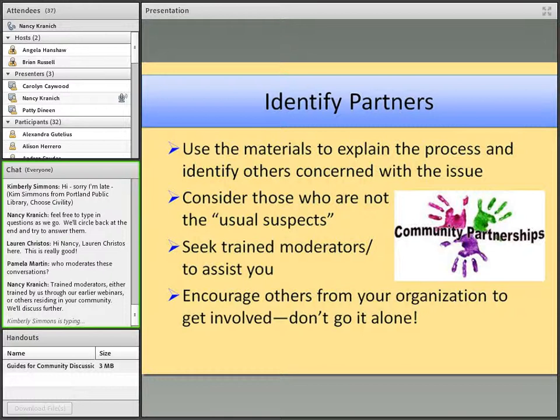And of course, you'll probably be able to identify what we call the usual suspects to come to these forums without any problem. So say if it's a forum about the achievement gap, you want to involve the schools, parents, and teachers. But who else might you turn to help you convene these conversations?